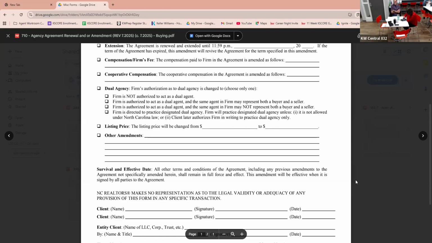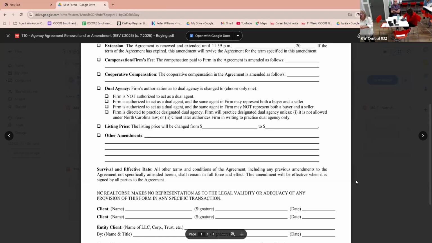So if you ever get something returned that says use Form 710 to change agency authorization, this is what you would use, Form 710. This is where you would change it, and it may go either way. You could have put designated dual, and then a situation happens and everybody's in agreement with you being dual. Either way, this is where you would change that.